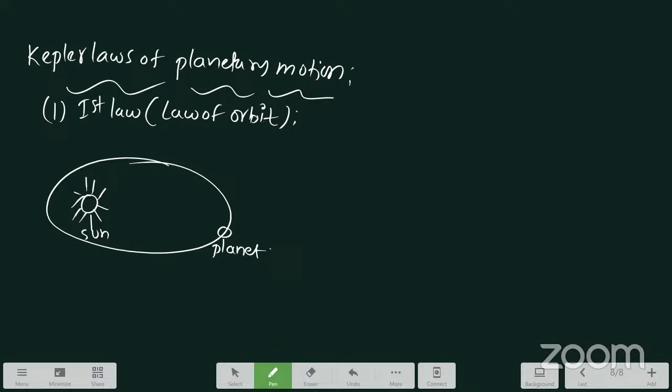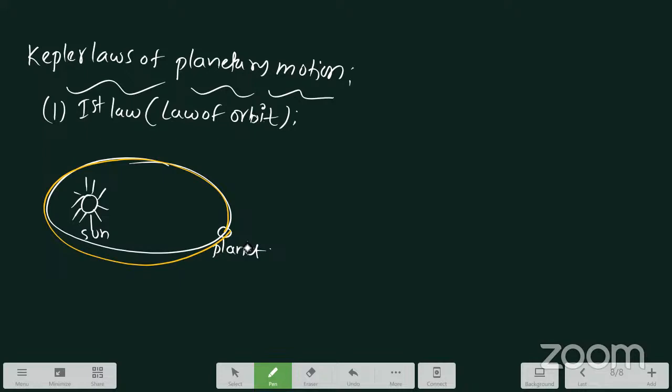What is Kepler's law of planetary motion? Law of orbit means every planet revolves around the sun in an elliptical orbit, an ellipse. You read this word in chemistry, in the Sommerfeld atomic model: every electron revolves around the nucleus in an elliptical orbit, an ellipse.